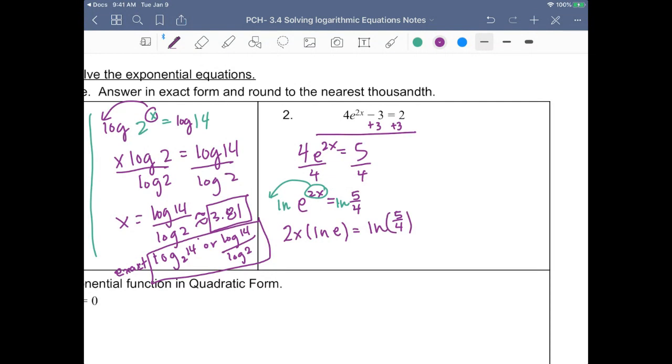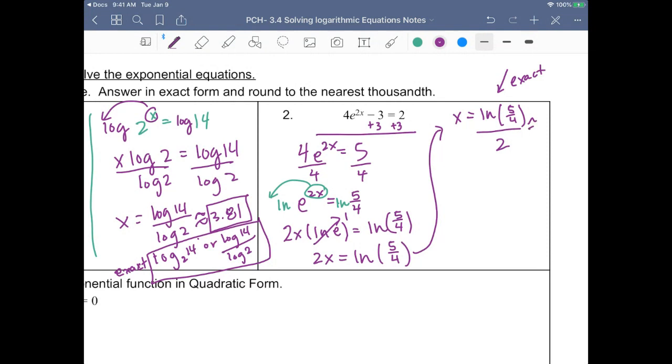Okay. ln of e is equal to 1, so it's just 2x is equal to the ln of 5 over 4. Finally, we're going to get x is equal to the ln of 5 over 4, all divided by 2. This is my exact answer.